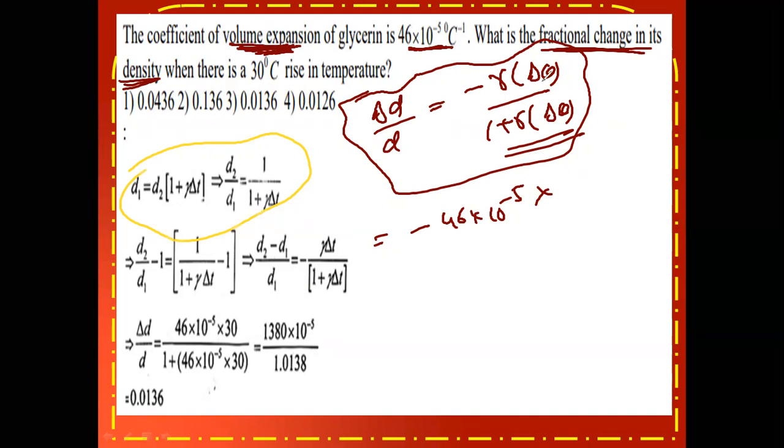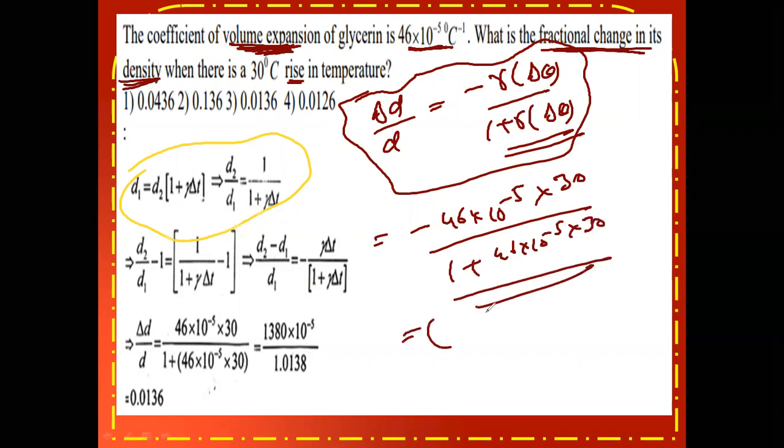Multiply with delta theta, the rise in temperature, which is given as 30. So minus 30 upon 1 plus 46 into 10 power minus 5 multiplied with 30. We have to calculate the nearest value. What does the minus indicate? This minus indicates that the density decreases if the temperature of the solid increases. That is what the symbol is for.